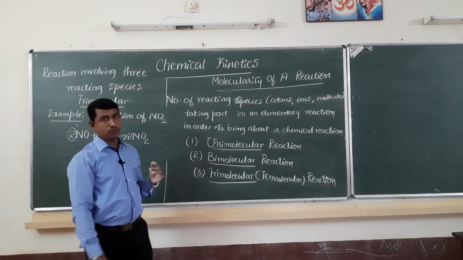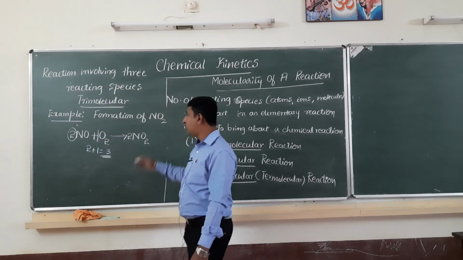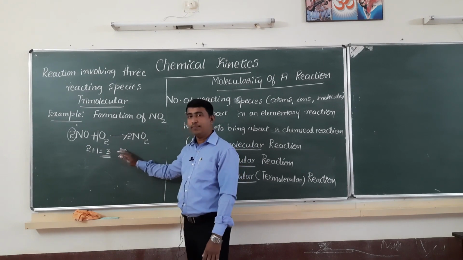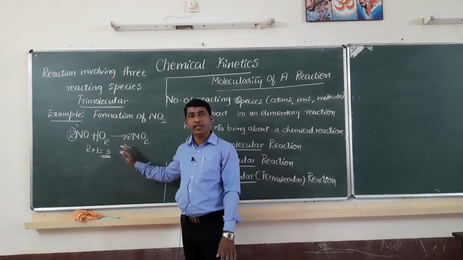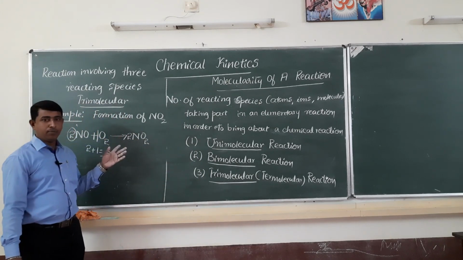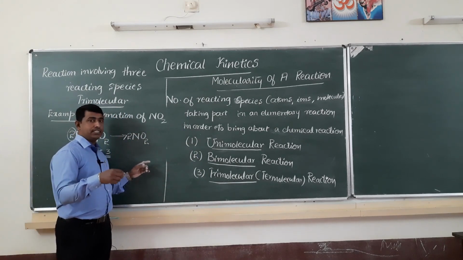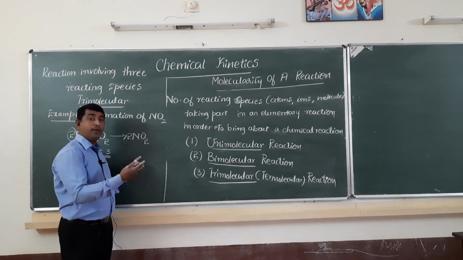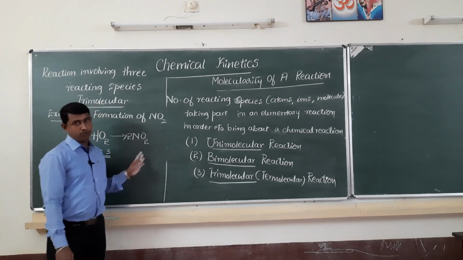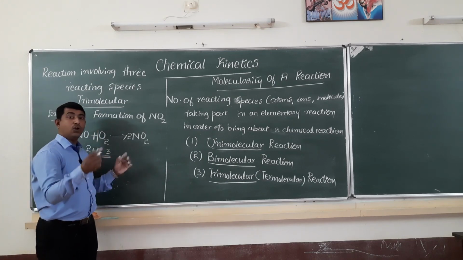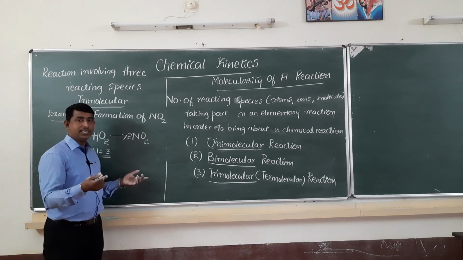Remember, reactions with molecularity more than 3 are very rare. Maximum of 3 can be seen. Why is it rare? More than 3 reactant molecules colliding simultaneously in order to form the product, that probability is very less. Why is collision required?